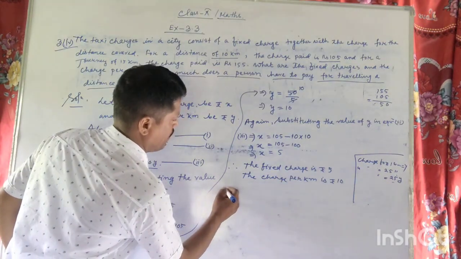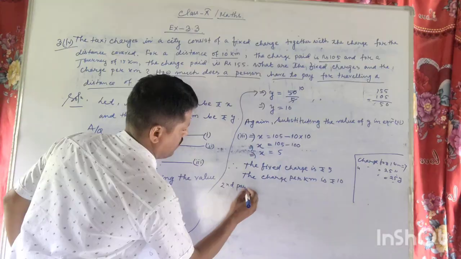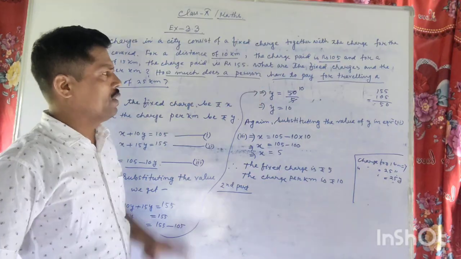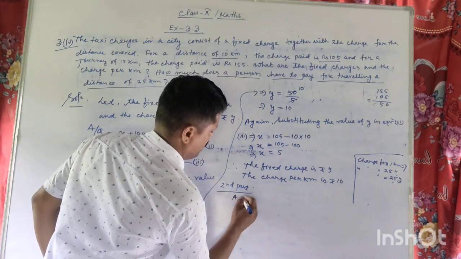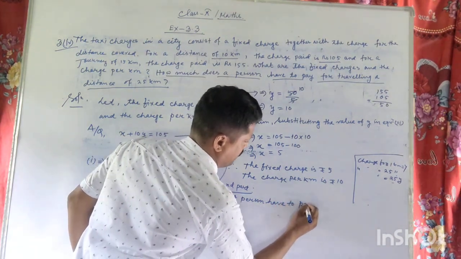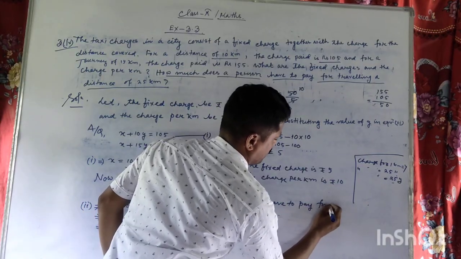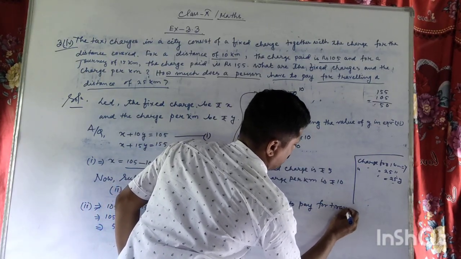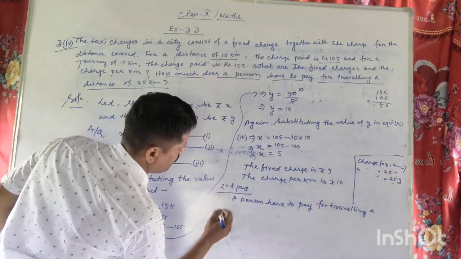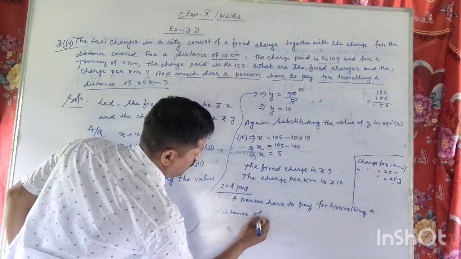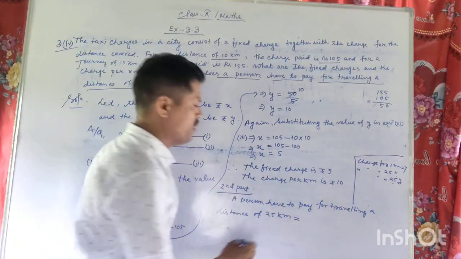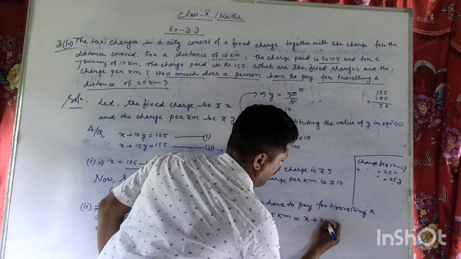So for the second part, we just have to write: a person has to pay for traveling a distance of 25 kilometer is equal to the fixed surge x plus 25y.